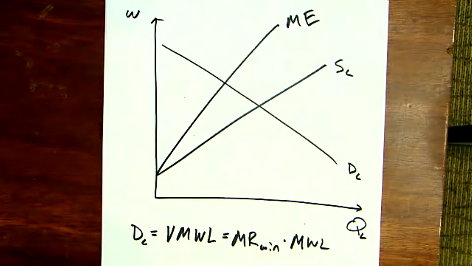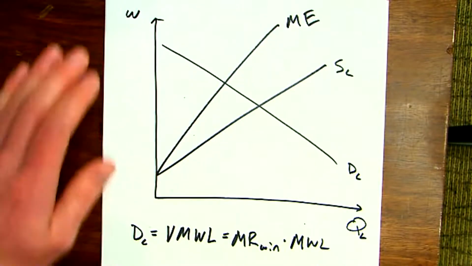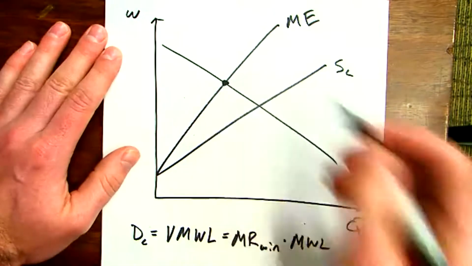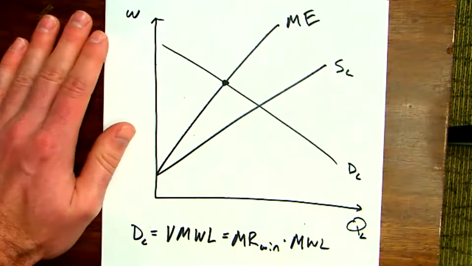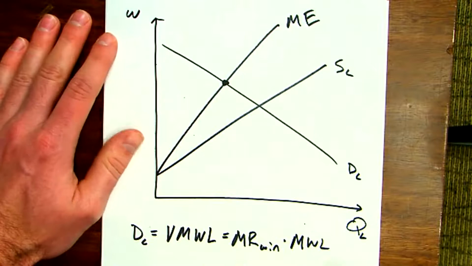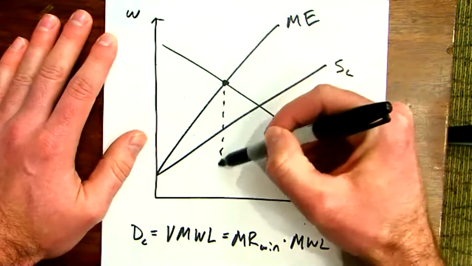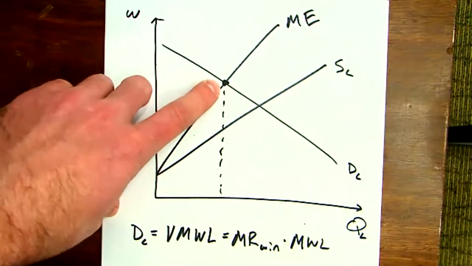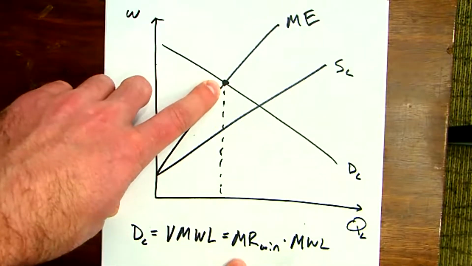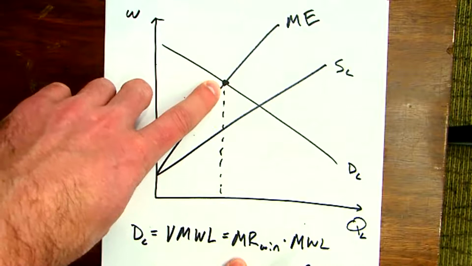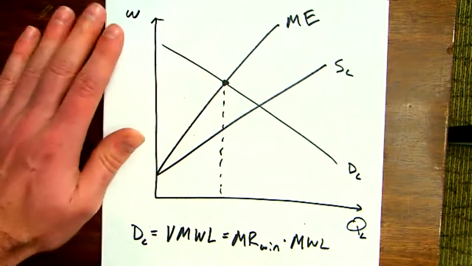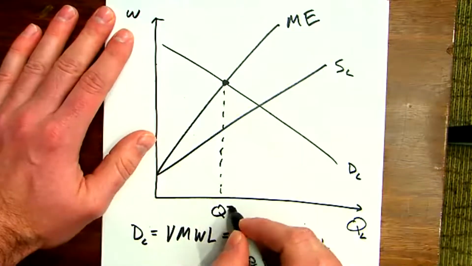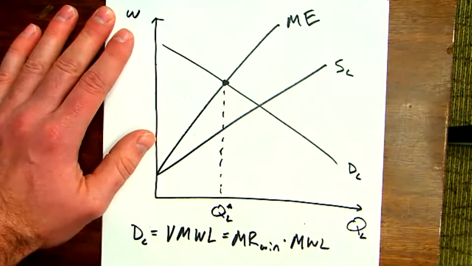Similar to when we have monopoly power, it's a twice as steep marginal revenue curve that they're making their decisions based off of. So they choose the quantity wherever that marginal expenditure hits the demand curve. Okay? So wherever the marginal expenditure hits the demand curve, basically the additional expenditure is equal to the additional value of adding that last unit of labor. So this will be my optimal quantity of labor.